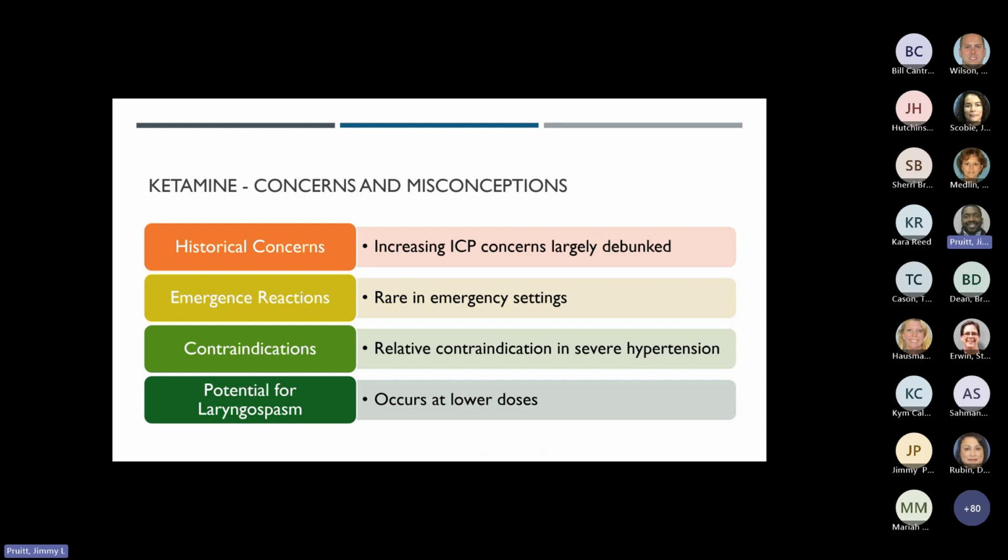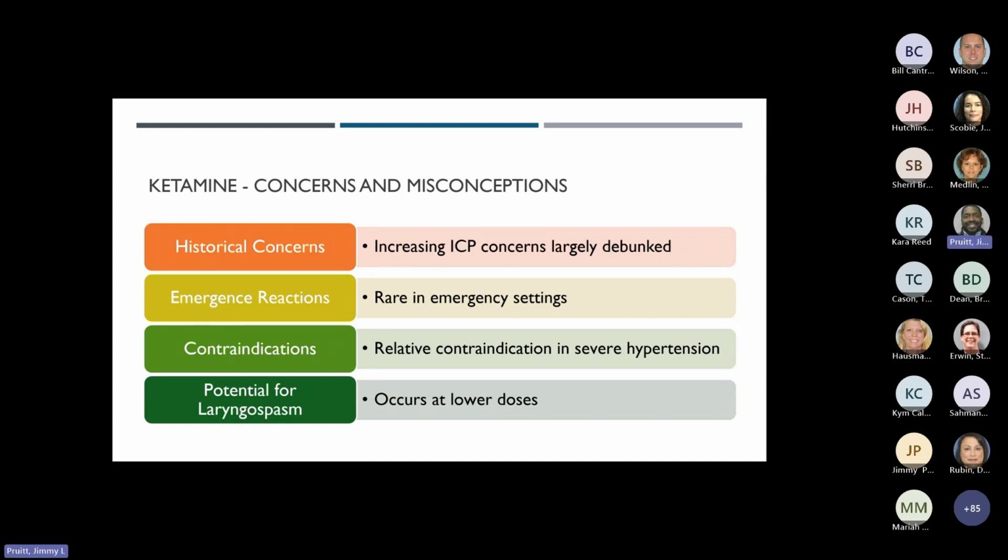Contraindications, again, relative contraindication in severe hypertension, just knowing that you can increase the blood pressure even more than we can. And I always think of ketamine potentially increasing your systolic blood pressure in patients that have catecholamines about 20 to 25 millimeters of mercury. And it can increase your heart rate pretty dramatically, anywhere from, I've seen ranges of 25 to 50 beats per minute increase in heart rate in patients that have catecholamines and have no other severe cardiovascular disease.